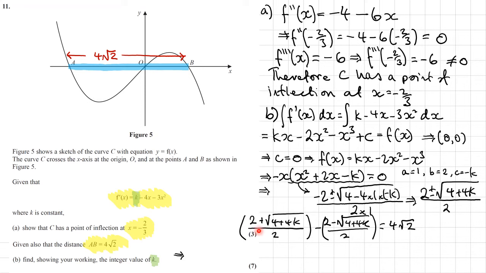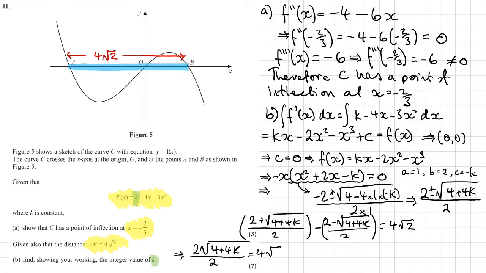So I can put these two together because they're over the same denominator. So if I do that, I'll have negative 2 minus negative 2, which is nothing, and then I'll have root 4 plus 4k, and then minus minus, so it becomes plus. So basically I'll have two lots of root 4 plus 4k over 2 is equal to 4 root 2.